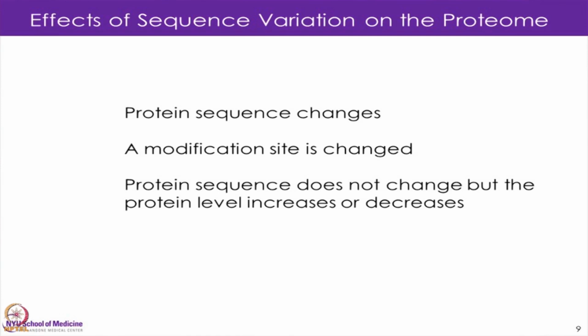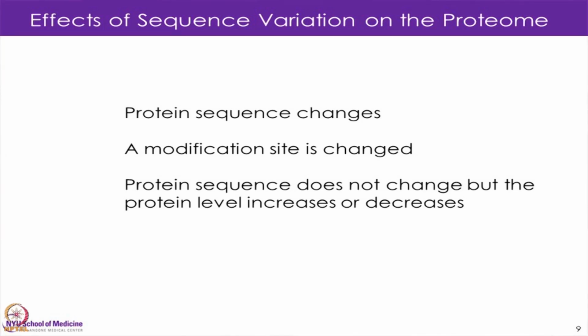But in a lot of cases, we can also have a mutation that doesn't change the protein sequence, but changes its level. So from a mutation you get either more of the protein or less. The same goes for modifications: mutations can lead to both increasing and decreasing of the modifications.